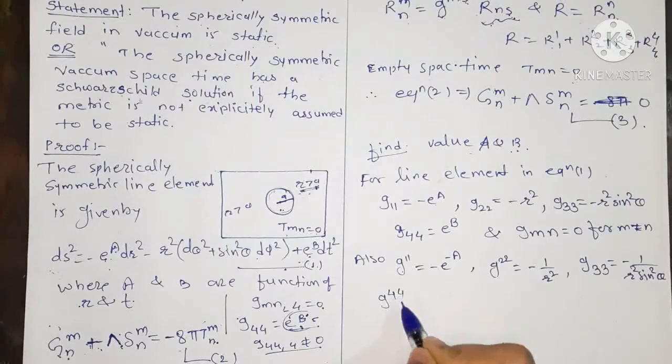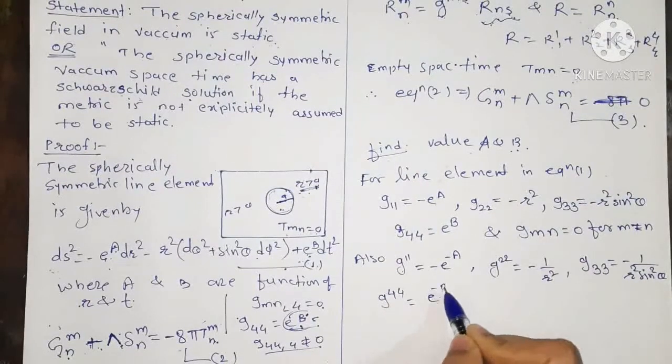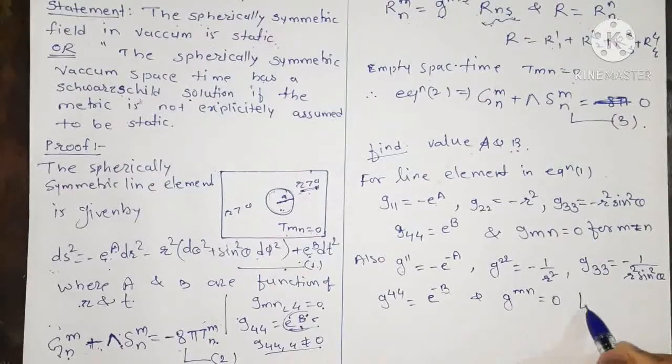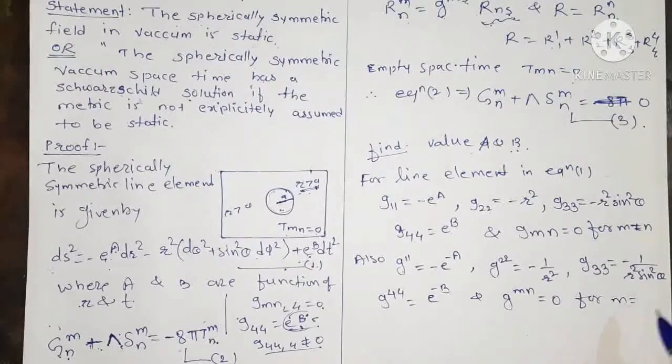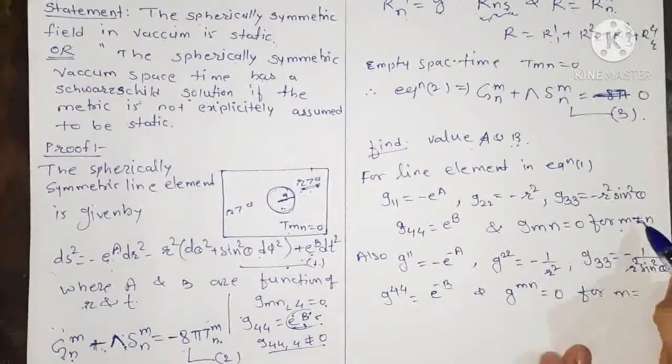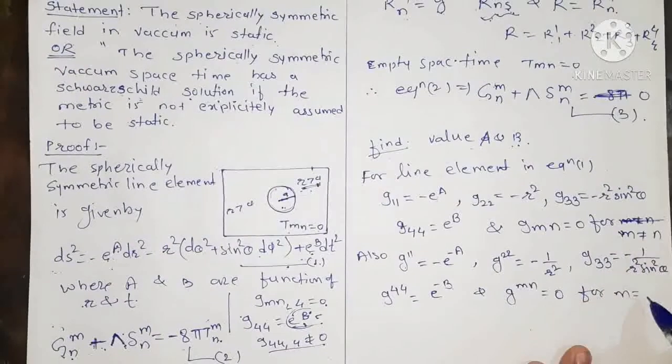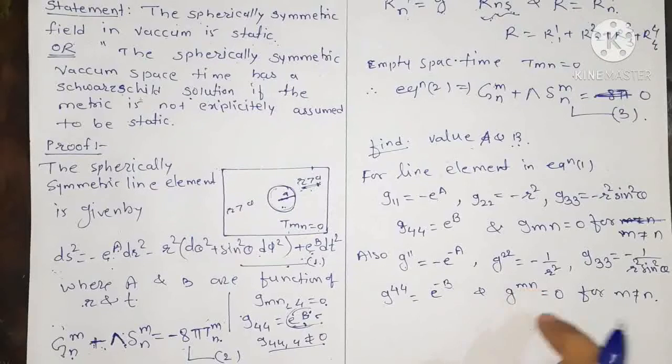G upper suffix 44 is e to the power minus b, and G upper suffix mn is equal to 0 for m not equal to n. Okay, so for m not equal to n, these Gmn's are 0.